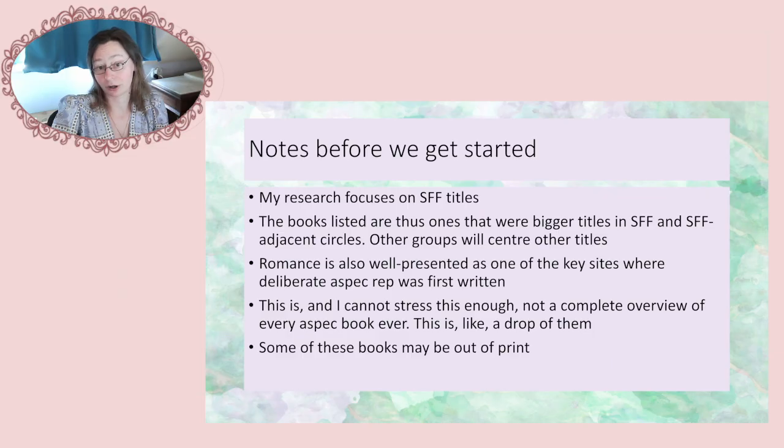But the titles that we're going to look at are science fiction and fantasy heavy because that's my main field and my main source of knowledge right now. So, like I said, romance is also well represented, as it's also one of the key sites in which a lot of deliberate Aspec representation was written. So we're going to be very science fiction, fantasy, and romance heavy, and it's going to taper off into being more science fiction and fantasy heavy.